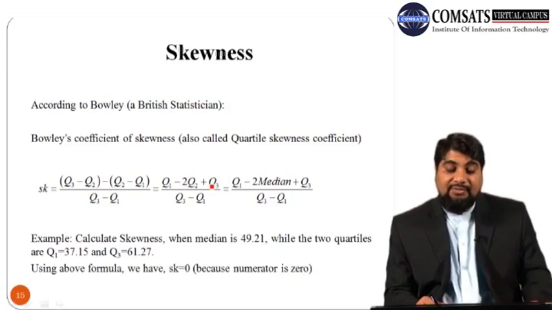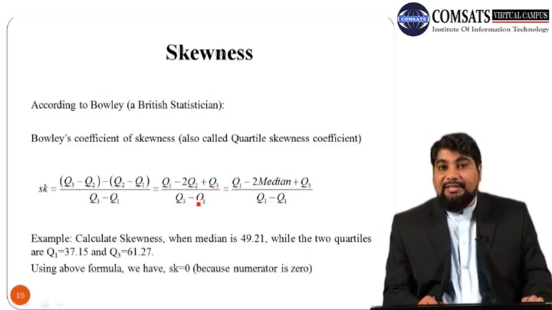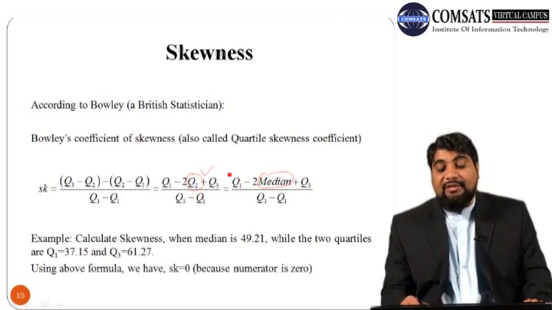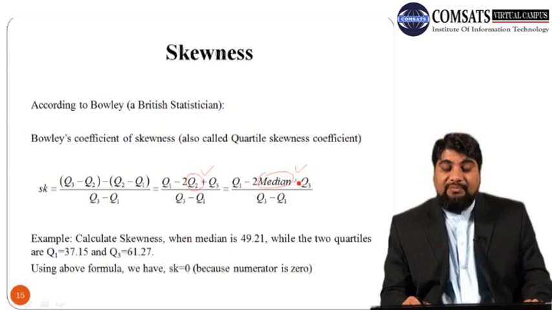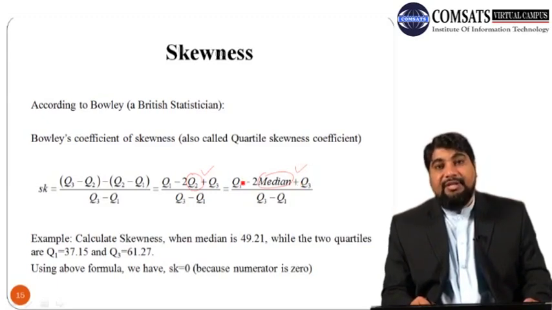I have rearranged the terms and the denominator as it is, and next we know that this Q2 is actually the median. So in this formula, instead of Q2 we can use this alternative notation as well. So in order to calculate skewness using this Bowley formula, we need to calculate the quartiles Q1, Q2 and Q3.